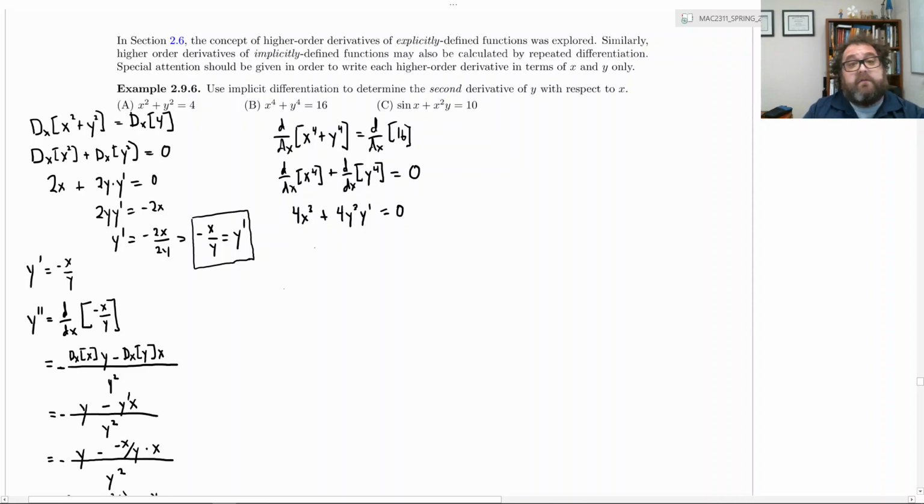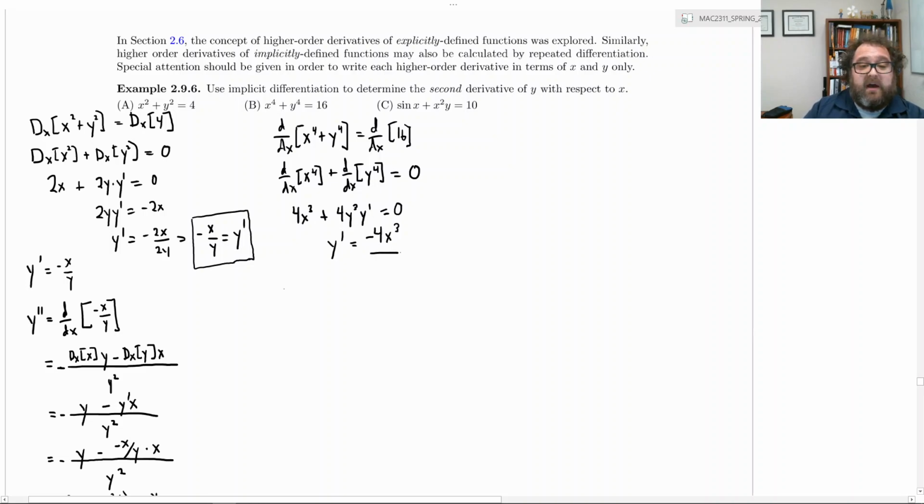Now, if we want to solve for y prime, we're going to subtract 4x cubed from both sides, and actually it's going to be negative 4x cubed because we're subtracting that from both sides.